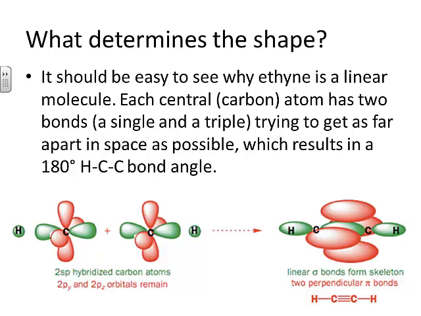There are no unshared pairs, so when 2 things try and get as far apart in space as possible, that's 180 degrees. So the HCC bond angle is 180 degrees. And it would be the same if we considered the carbon on the right. We still get 180 degrees. So it lines up completely in one straight line.